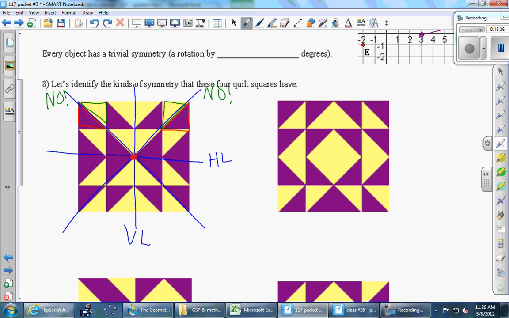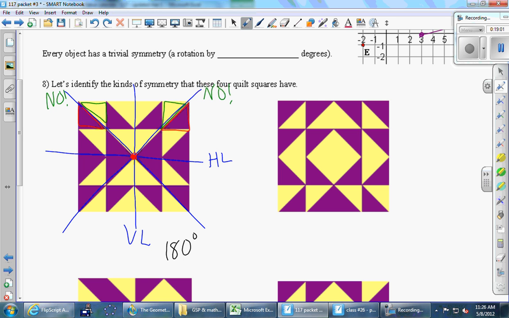And it looks exactly the same as when it started. So I guess we can say that 180 degrees is an angle of rotational symmetry. About 270? No, 270 is like 90. How about 360?